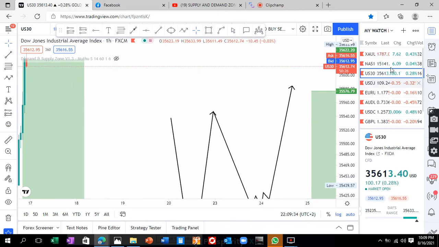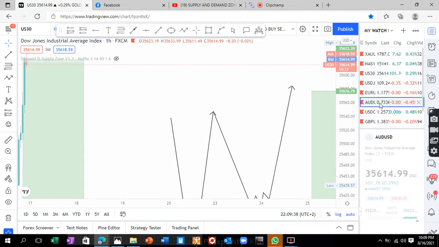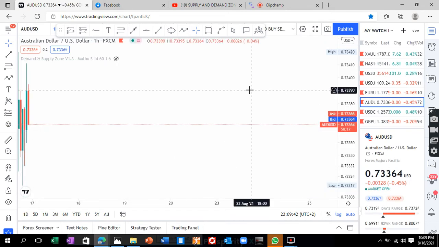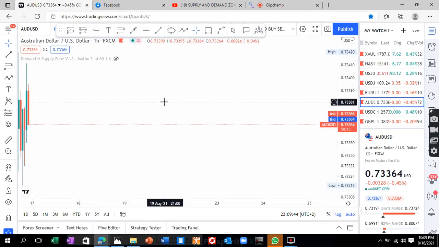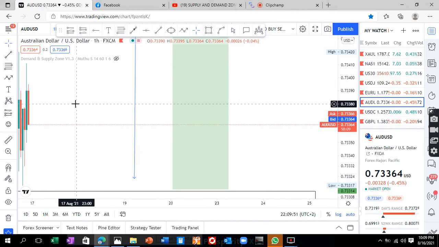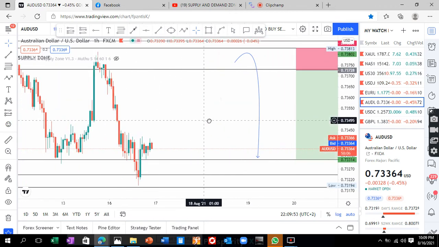All right, let's look at AUD USD. I personally took these trades and they worked out very fine. So don't hesitate, please. Once you have your confirmation, just take that trade.